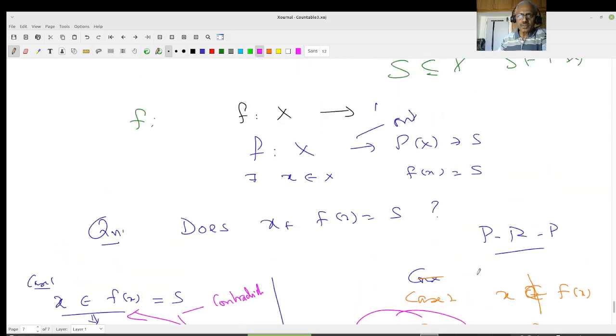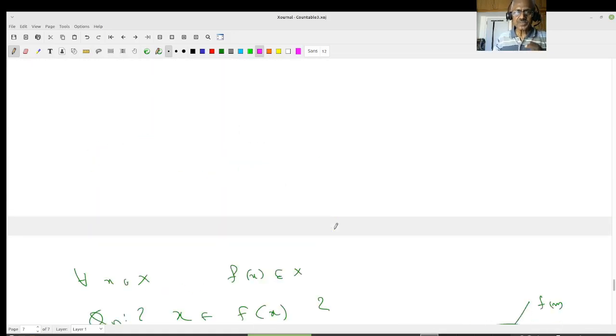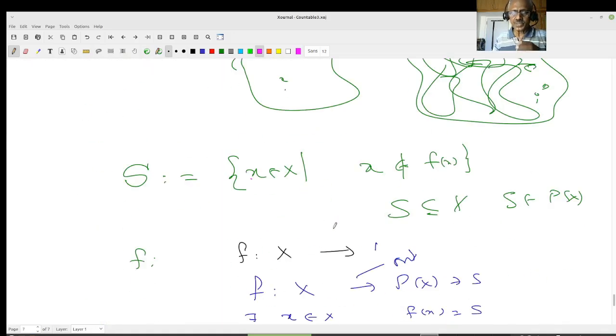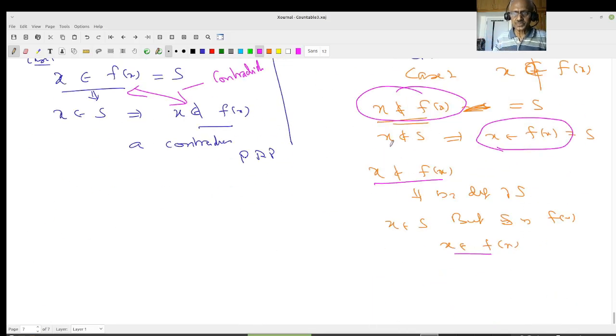So given x and this subset, exactly one and only one of them must be true. Law of dichotomy: either x is in f(x) or x is not in f(x). Whatever way I assume, I arrive at a contradiction. So what does that mean? My assumption that there is an onto function f from X to P(X) is false.